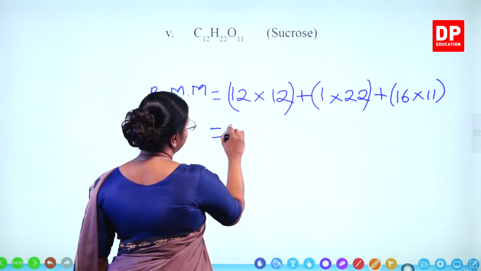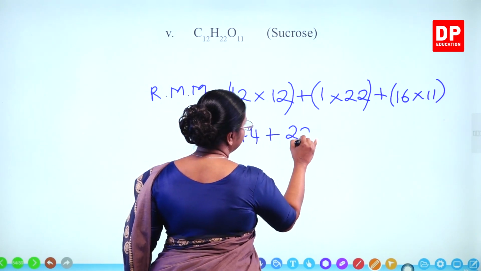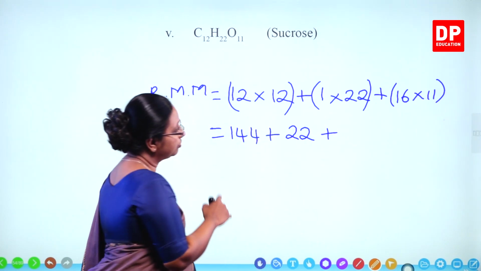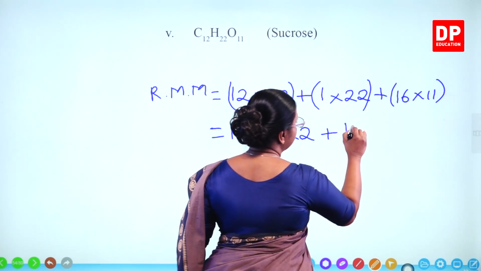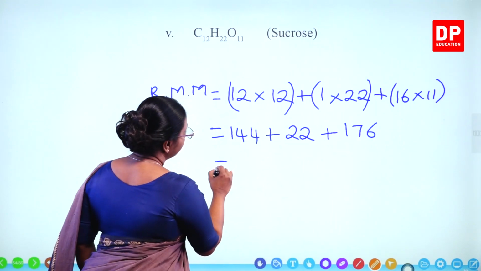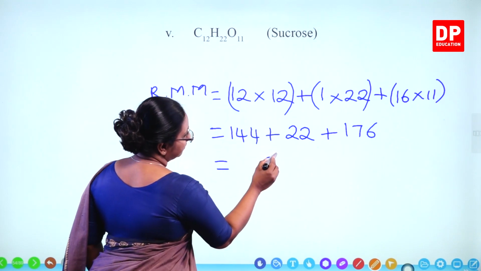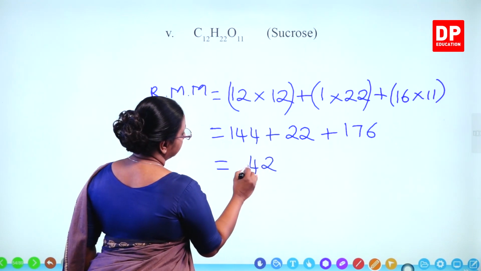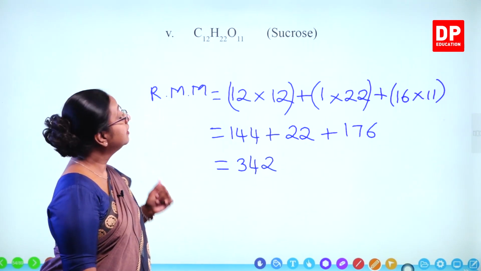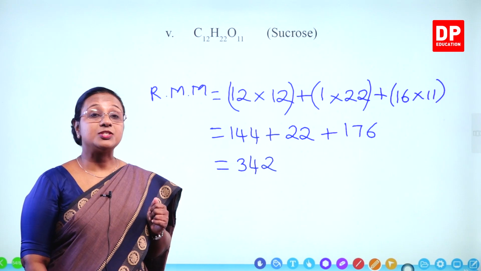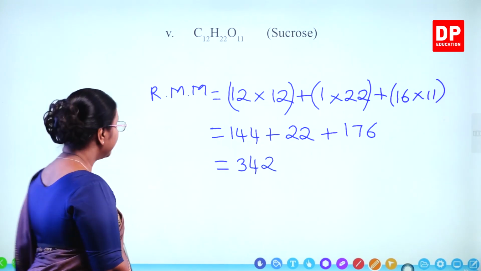So here, if we calculate 12 into 12, 144, then you have 22, 1 into 22. So then there is 16 into 11, that will be 176. When we add them together, it will be 342. The relative molecular mass of sucrose is 342.